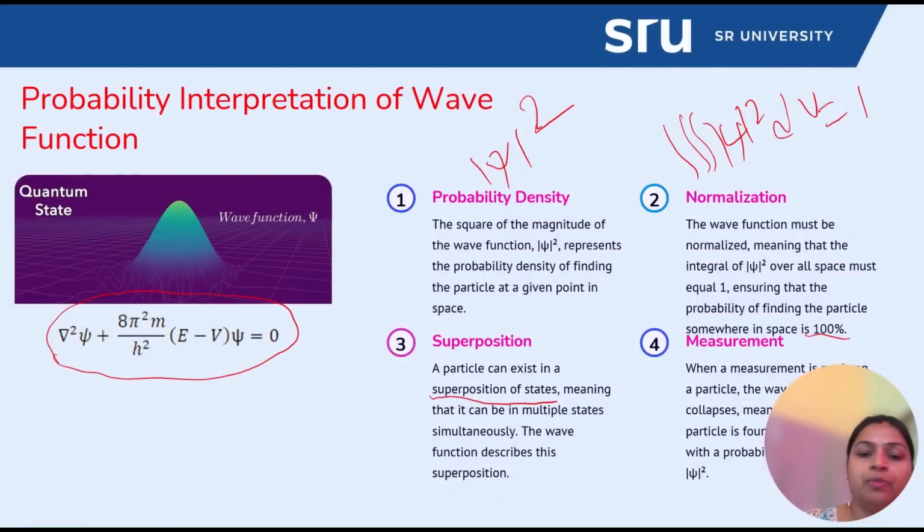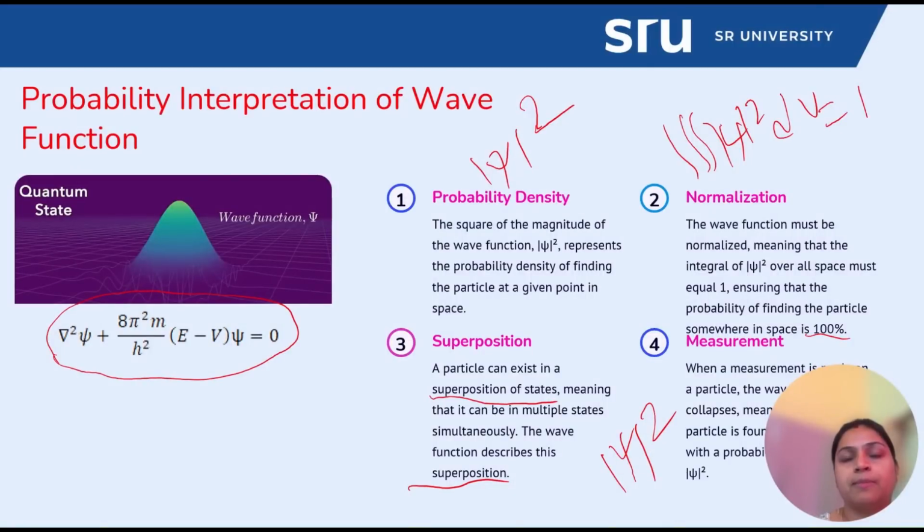And the last one is that when a measurement is made on a particle, the wave function collapses, meaning the particle is found in a specific state, and the probability is determined only by psi square.